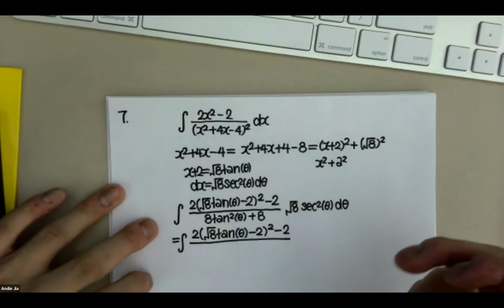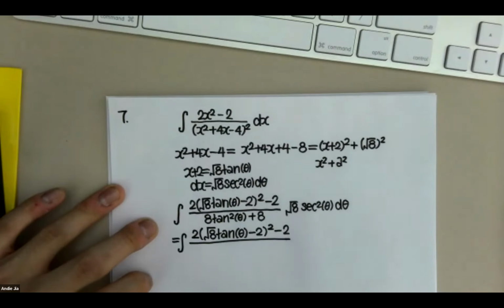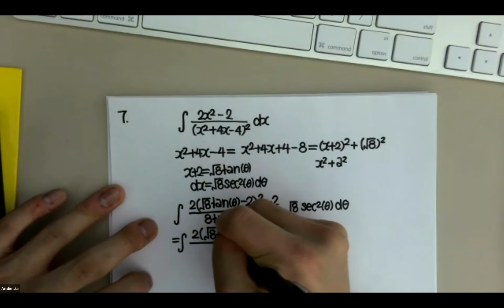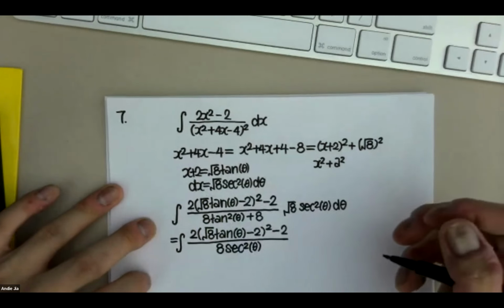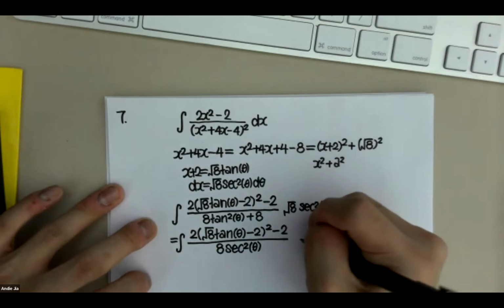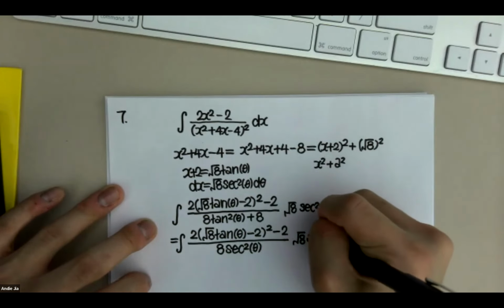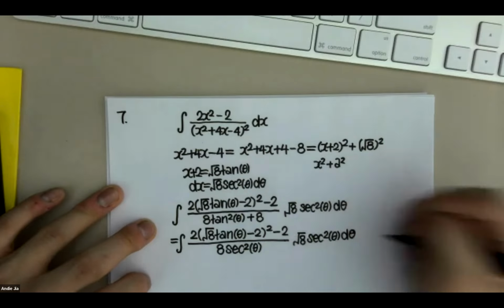This is going to be 8 secant squared theta over square root of 8 secant squared theta here.